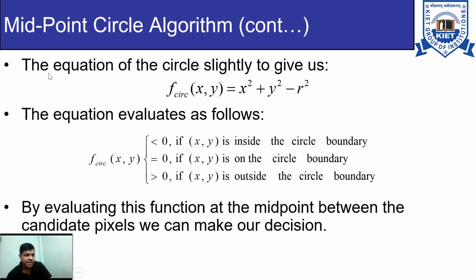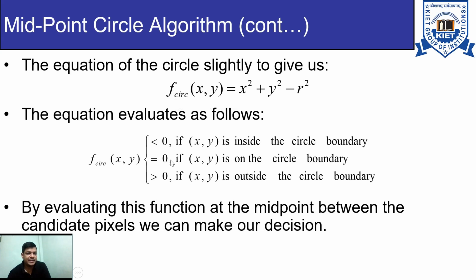Now again, as we know, the equation of the circle can be represented as a function f circle of x comma y equals x square plus y square minus r square. And as we know from the property of the circle, if we choose any point which is inside the circle and substitute the value of that point in this equation, then the value of f circle is less than 0.